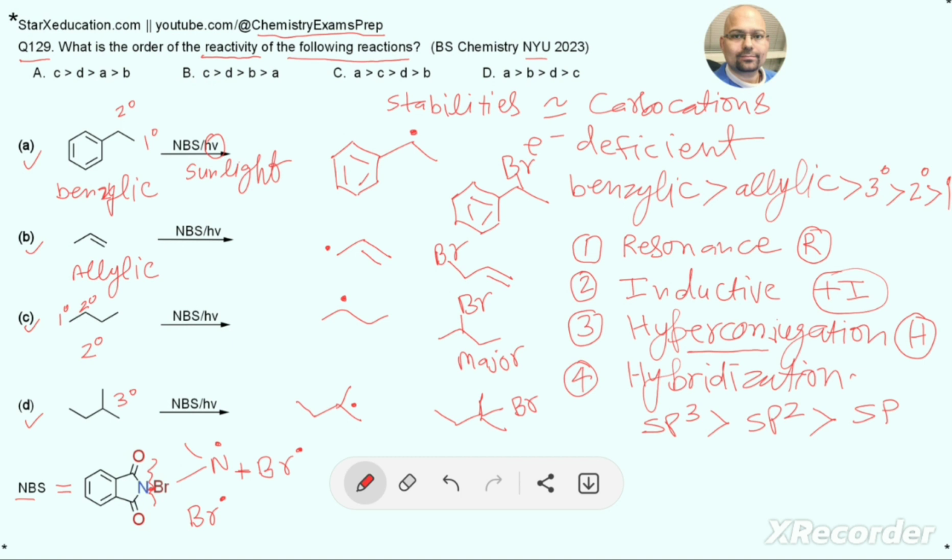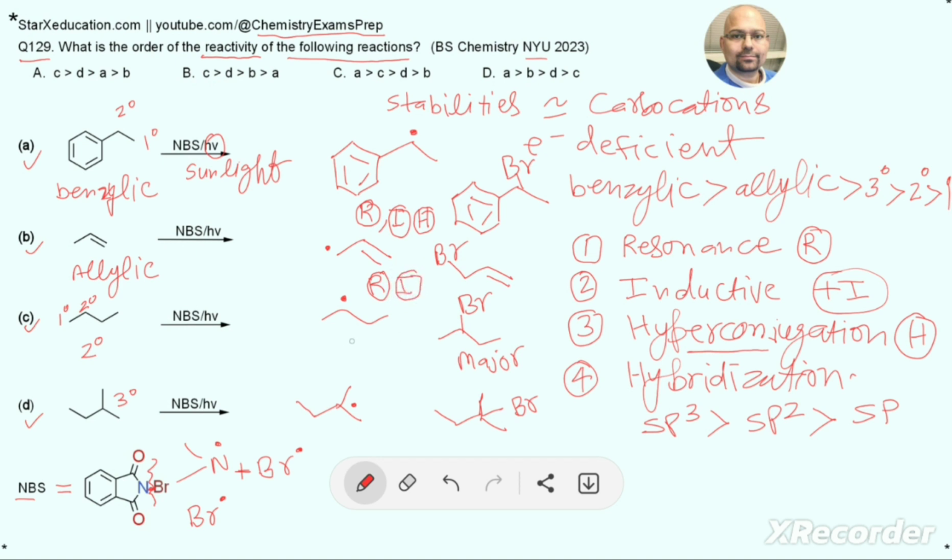So now if you compare the stabilities, in case of first, the stability comes from resonance, inductive effect, and also hyperconjugation. In case of allylic radical, the stability comes from resonance and the inductive effect.